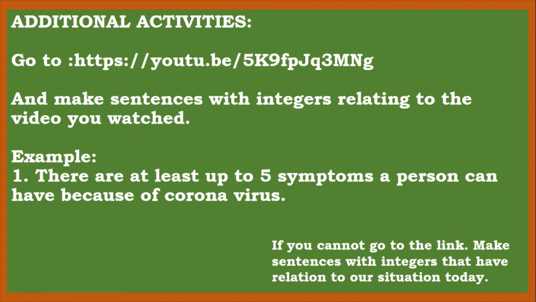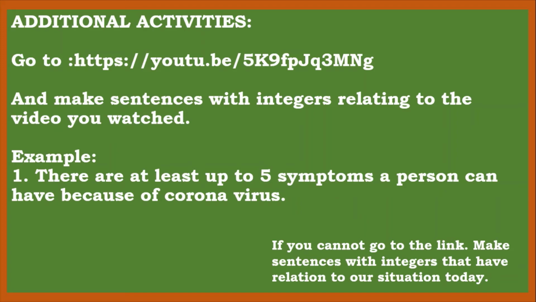Another activity is to go to this link, as you can see, and make sentences with integers relating to the video you watched. For example, there are at least up to 5 symptoms a person can have because of coronavirus, because this video shows our situation today.